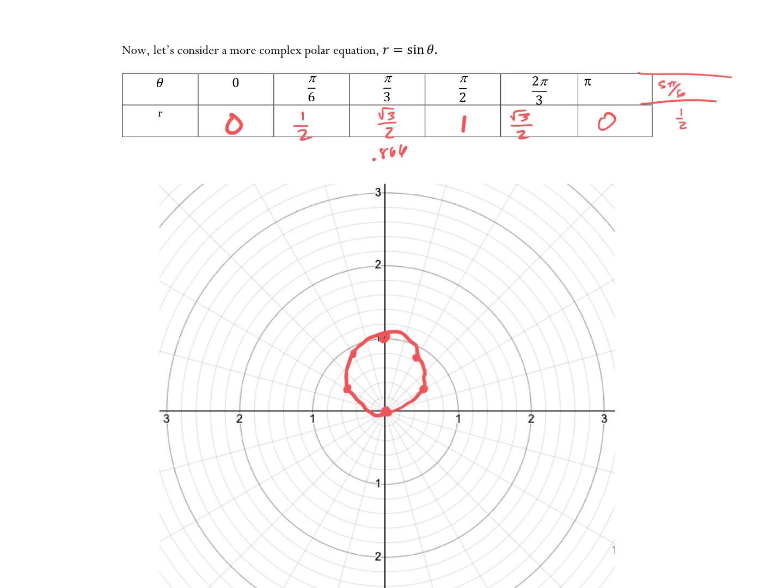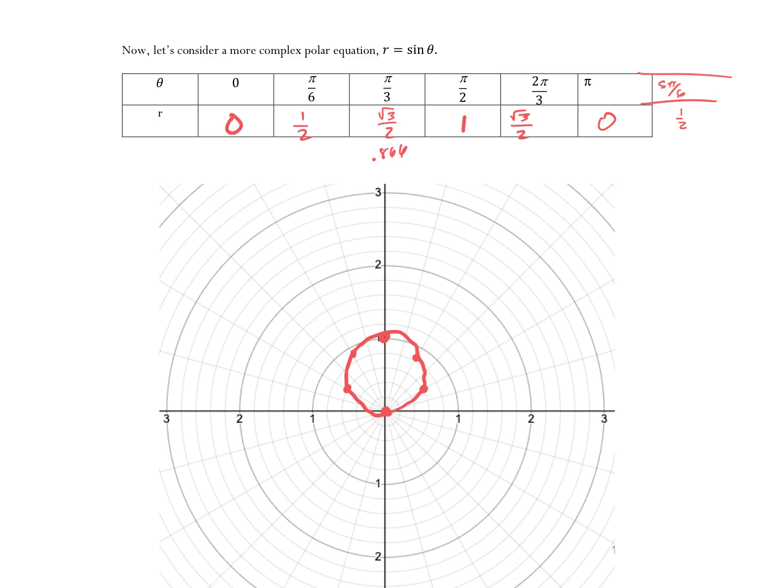So the window is very similar, where we have theta between 0 and 2 pi. The window isn't right, so I'm going from 0 to 2 pi.